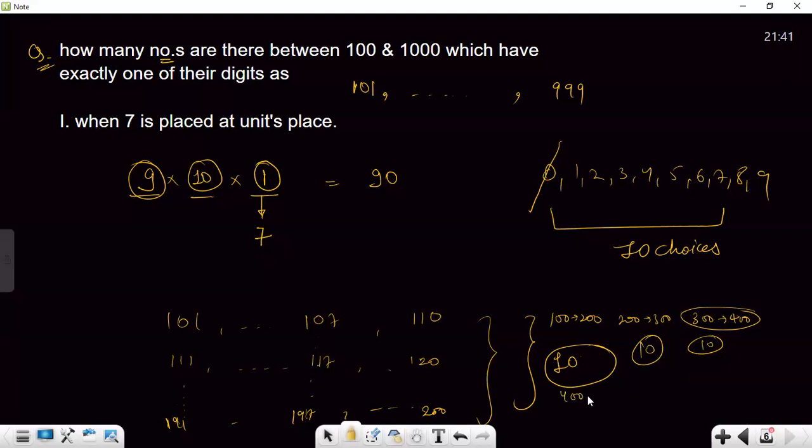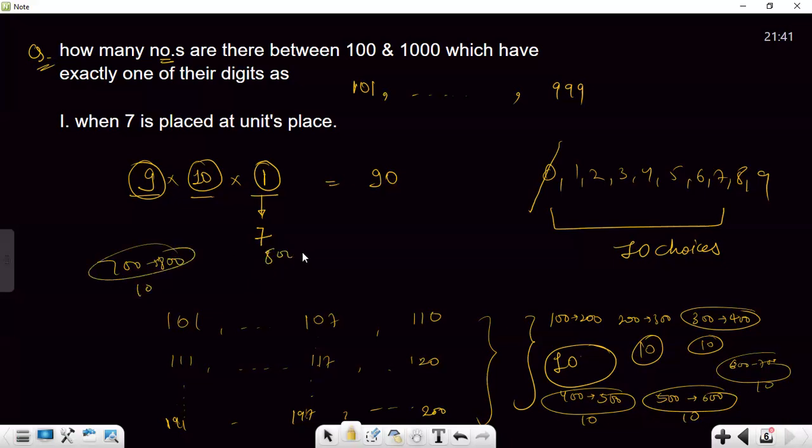For 400 to 500, another 10 sevens at the unit place. 500 to 600, another 10. 600 to 700, another 10. 700 to 800, another 10. 800 to 900, another 10.